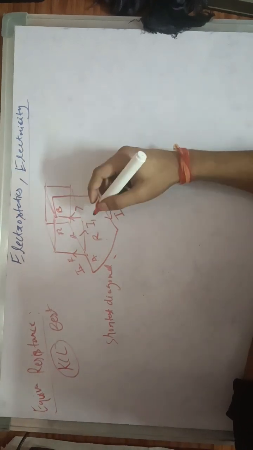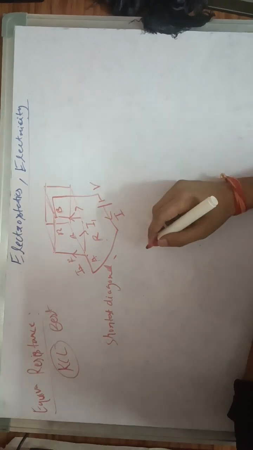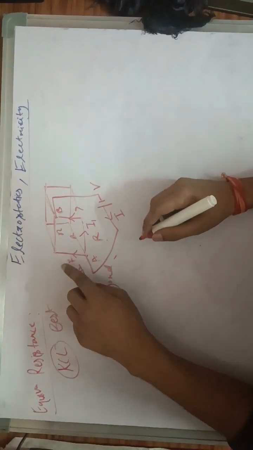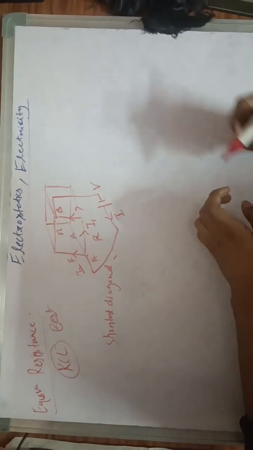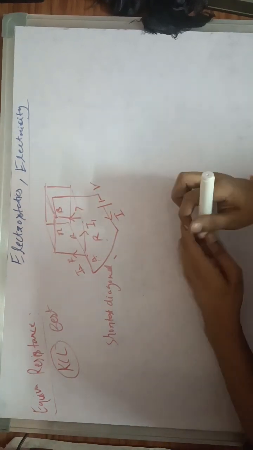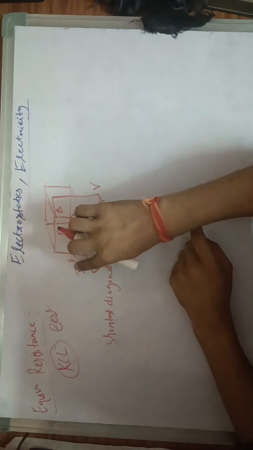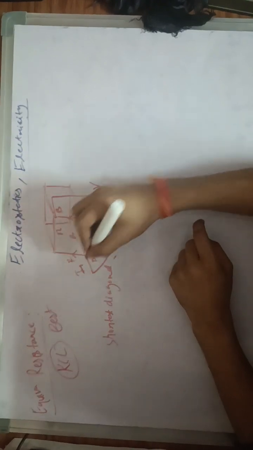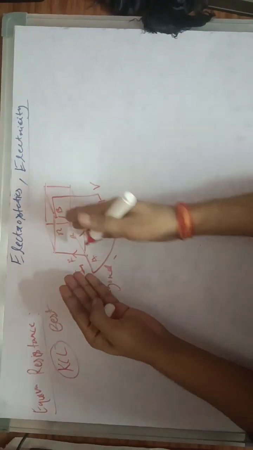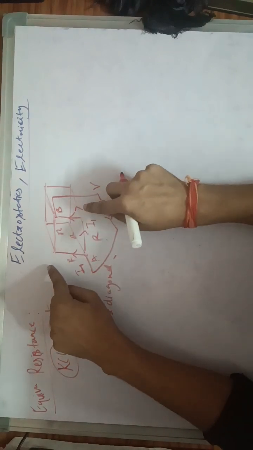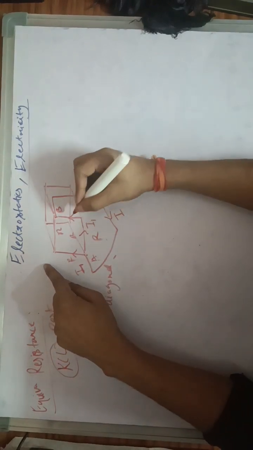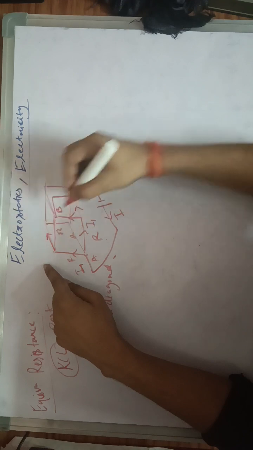Since this is very symmetrical, we can easily tell that this I1 would be equal to this I2.